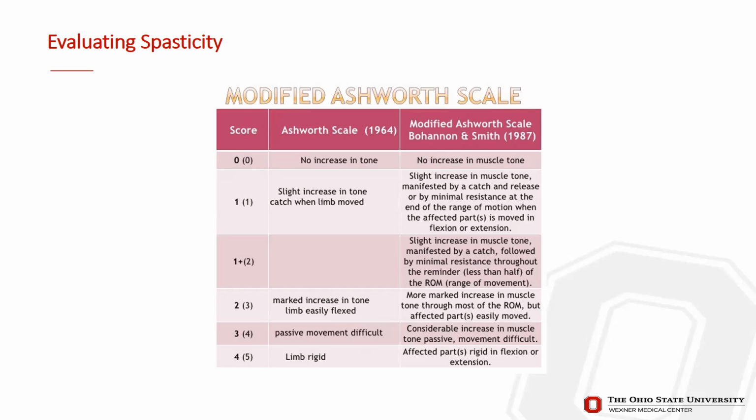So it's a scale from 0 to 4. It's called modified because this 1+ is the area that's not typical. The regular Ashworth scale only had 0 to 4, but the modified Ashworth added this 1+.